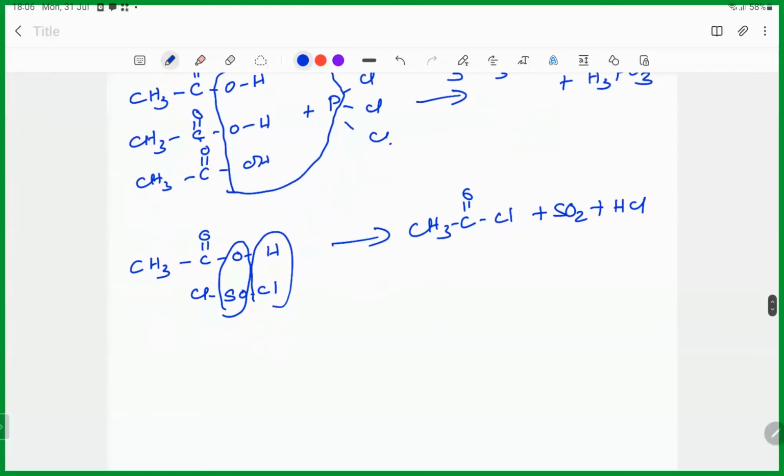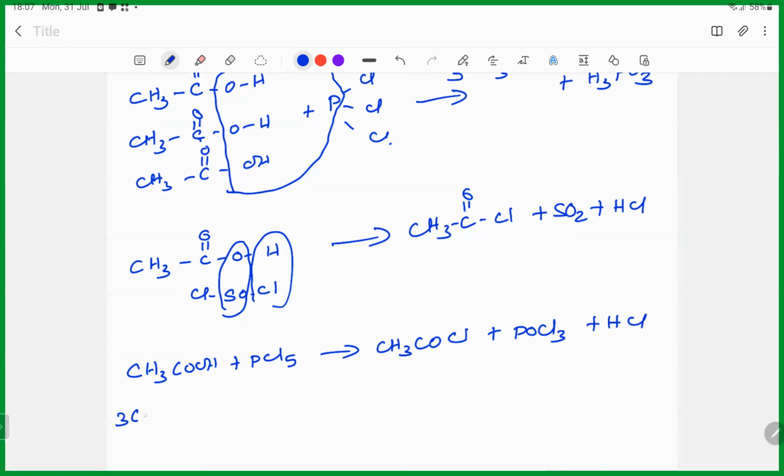So what is the conclusion? We can write that when acetic acid reacts with PCl5, it gives CH3COCl plus POCl3 plus HCl. 3 moles of acetic acid plus PCl3 gives CH3COCl plus H3PO3.